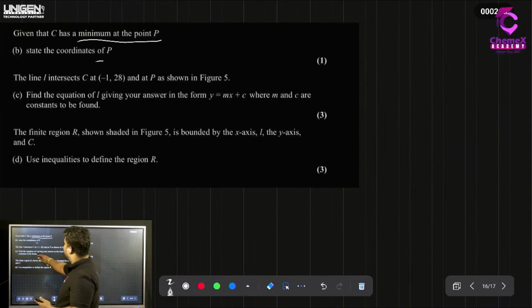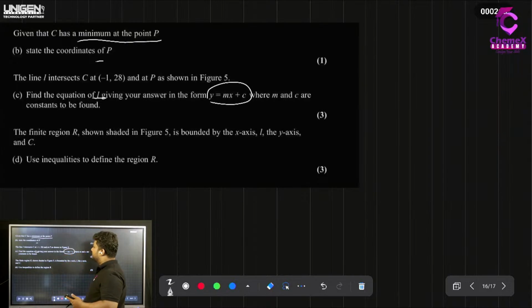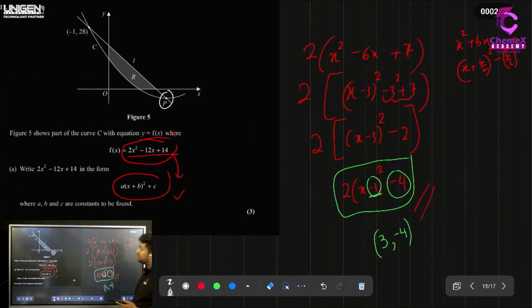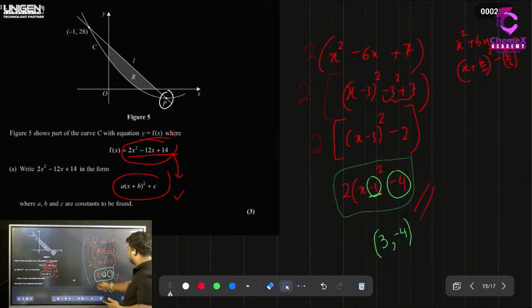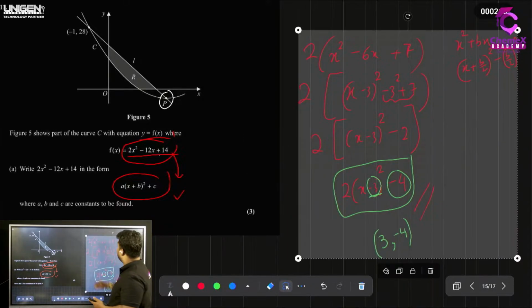Find the equation of L, giving your answer as y equals mx plus c. How do you find it? In order to get the L equation, what can you do?